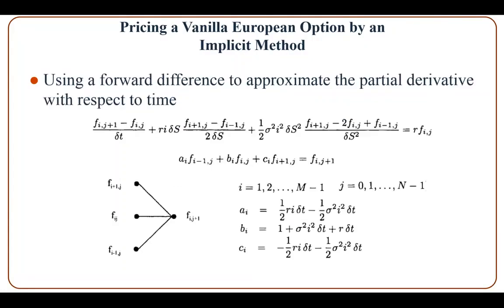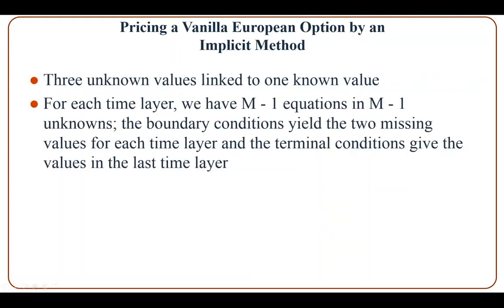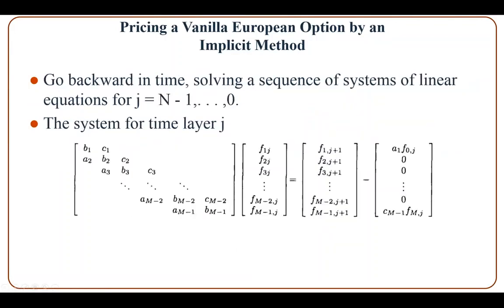Let's see how we price a vanilla European option by an implicit method. Here we use a forward difference to approximate the partial derivative with respect to time. Here we have 3 unknown values linked to 1 known value. Note that for each time layer we have n-1 equations in n-1 unknowns.